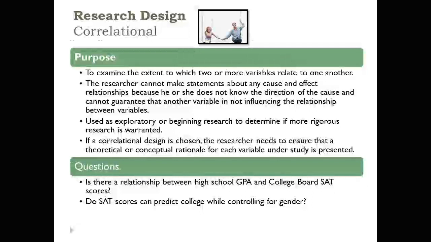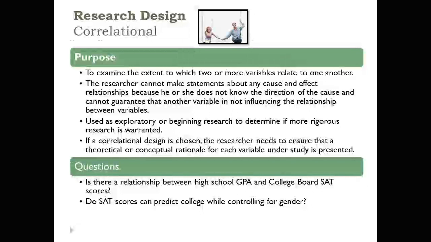So let's say in the literature I find a strong conceptual base or a model that says gender and ethnicity and socioeconomic status and GPA predict SAT scores. Let's say that model predicts, let's say, 60% of the SAT score. That means there's still 40% of the model that's unexplained.